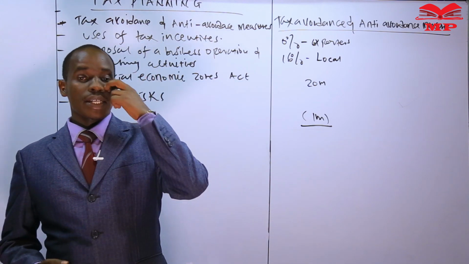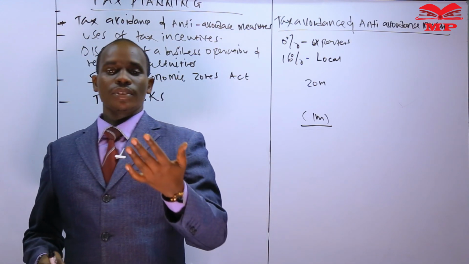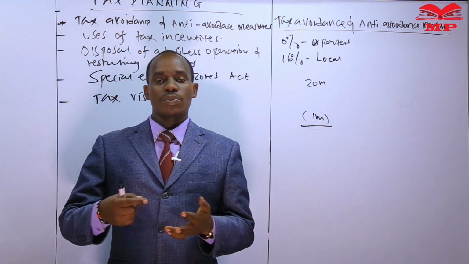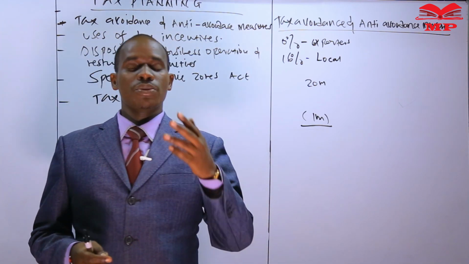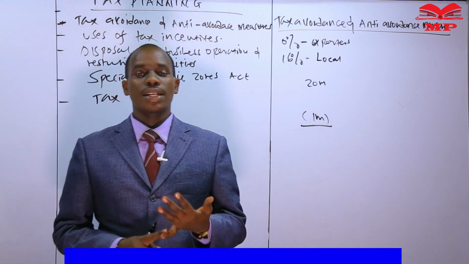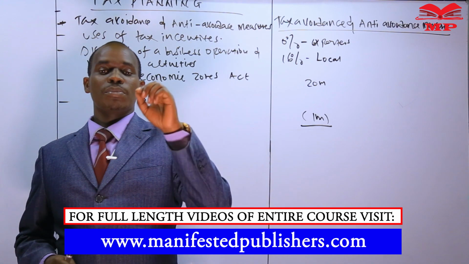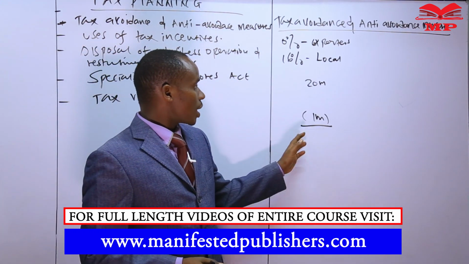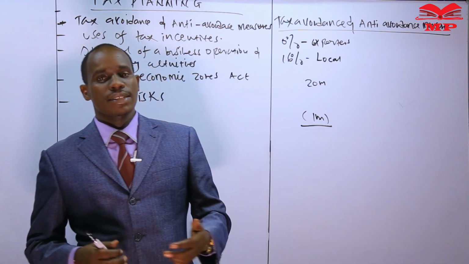The commissioner will not allow such a salary to be treated as an allowable expense. The commissioner will either say that the salary be treated as disallowable or that the income be taxed on the parents.